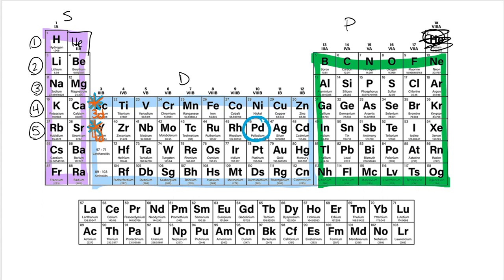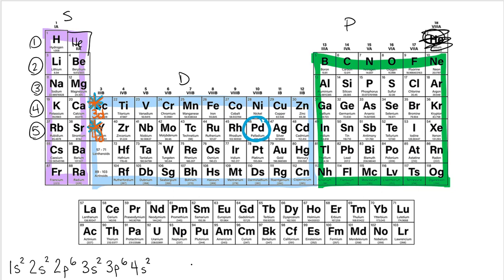All right, so we're going to do palladium. I'm going to start at the beginning and keep working through until I get to palladium. 1s2 to helium, 2s2 to beryllium, 2p6 to neon, 3s2 to magnesium, 3p6 to argon, 4s2 to calcium.